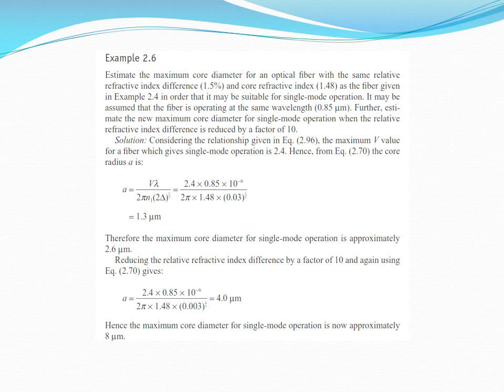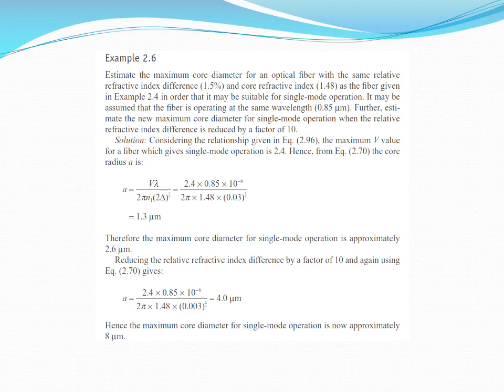Normally the value of V is assumed to be within the range from 0 to 2.405. So by considering the maximum value of V, which is 2.405, I can substitute it and I can get what is the fiber core radius.